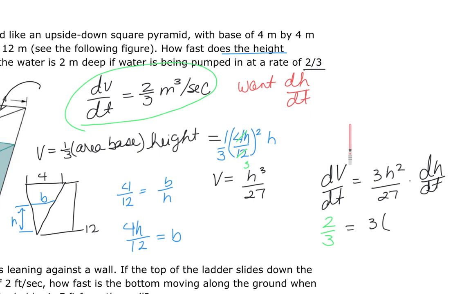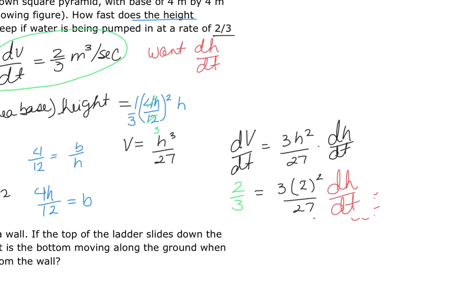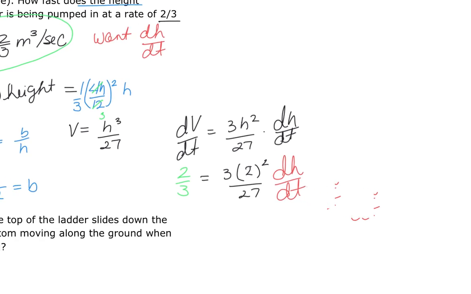Now, we want to know how fast the height is changing when the height is, at the snapshot of time, 2 meters deep. So I'm going to put in 2 squared there, all over 27, and my want is dh/dt. All right, so now I'm going to go ahead and solve for dh/dt. So I'm going to multiply by the reciprocal of both sides.